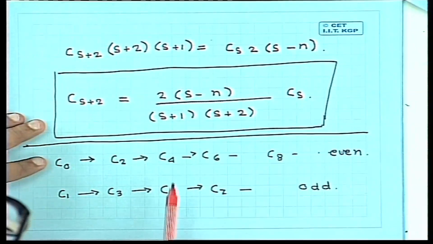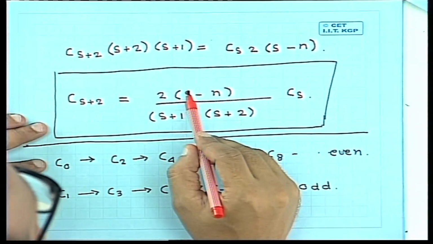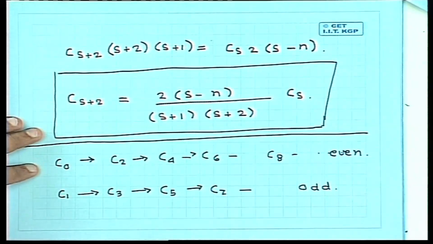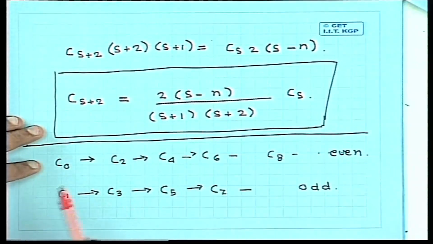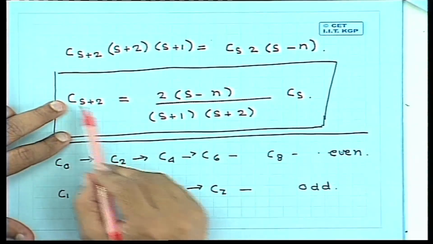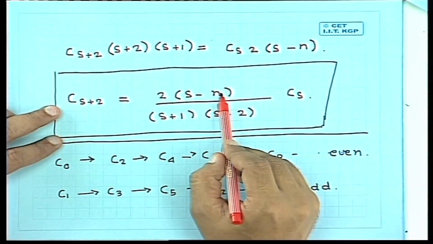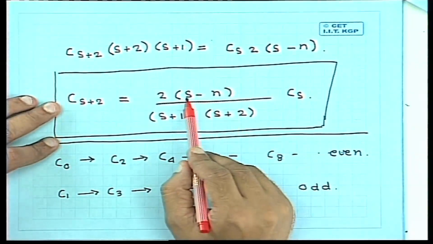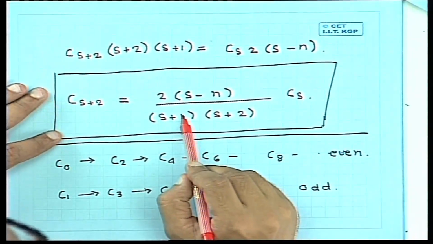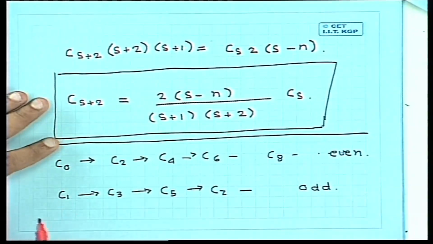So let us see what happens when we take the limit of s being very large. In this limit, n is a fixed number which can be forgotten when s is very large. Similarly, 1 can be forgotten, and this 2 here can be forgotten.